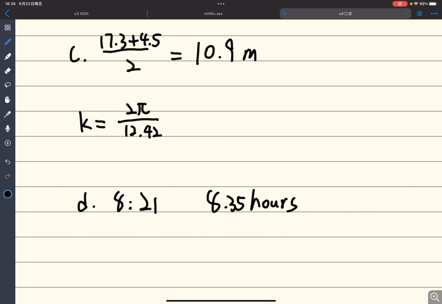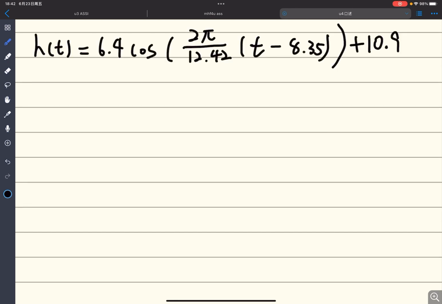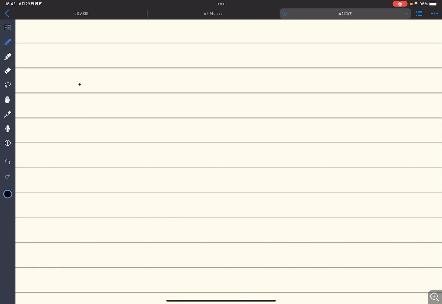So a model of tidal height can be written as follows. In this model, h(t) is the height of the tide at the pier, and t is the time of day in hours. Now let's calculate the height of the tide relative to the pier at half past 11, that is t equals 11.5.